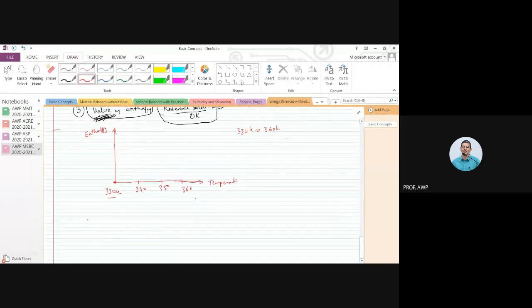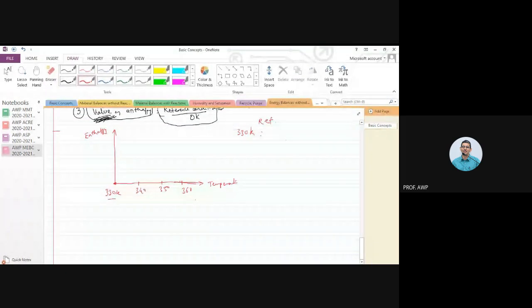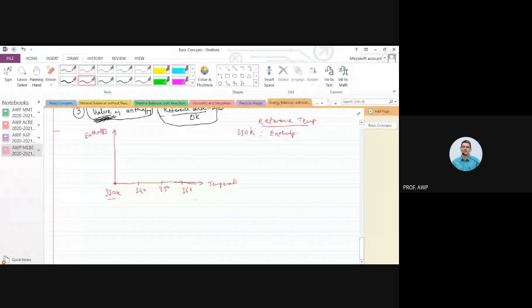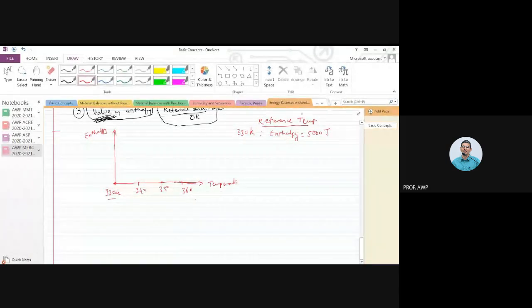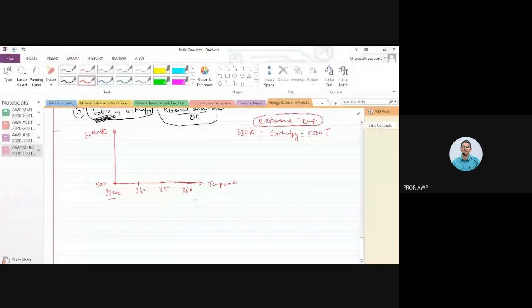Same way, I can say that for the enthalpy of some substance, 330 Kelvin is my reference temperature or reference condition. And at this reference condition, I will say enthalpy is 5000 joules. It is a reference, right? I can say whatever value I want at the reference. So then my graph would be 330 Kelvin and the y-axis will start from 5000.